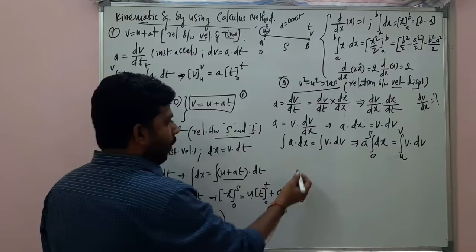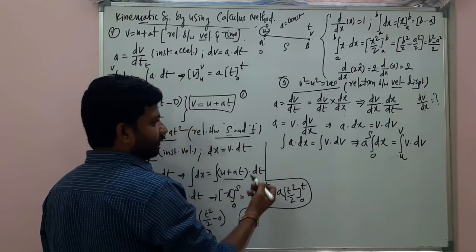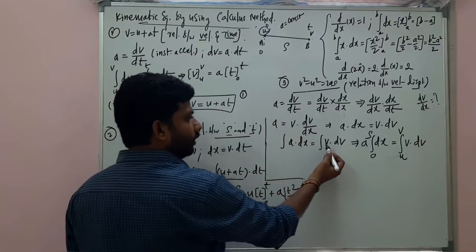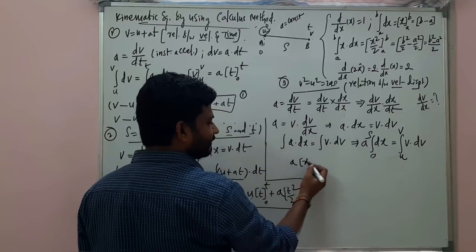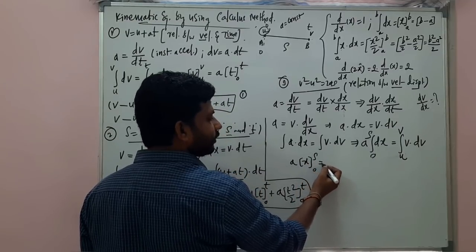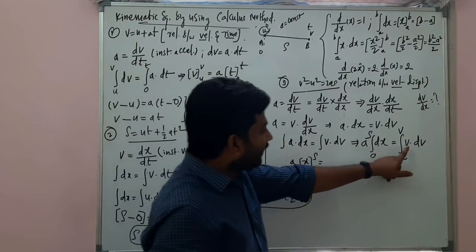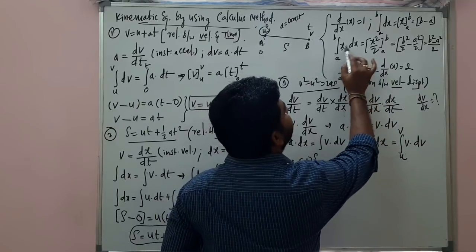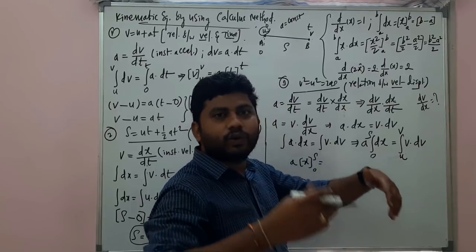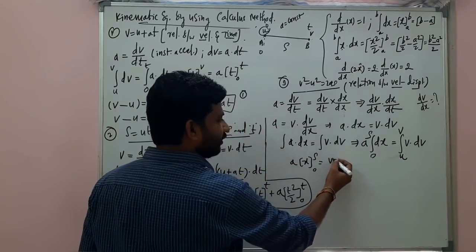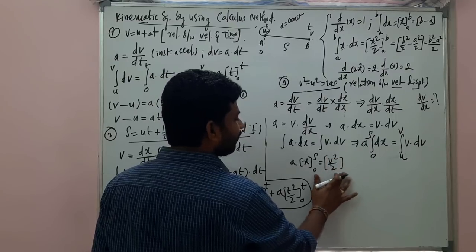Now look here, my dear children. In a into integral dx is x, limits 0 to s, which is equal to integral v dv. It is in the form of integral x dx, which is x square by 2. So integral v dv is v square by 2, with limits u to v.